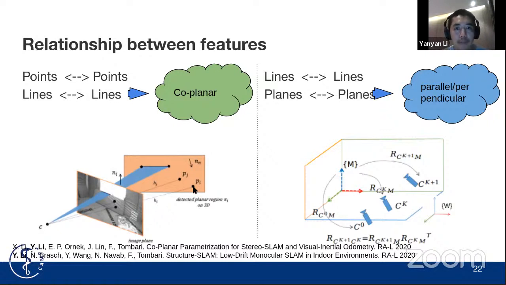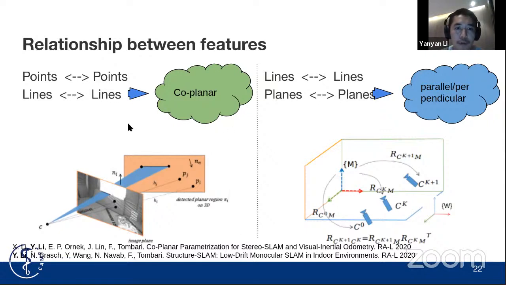So this is another function of coplanar features. Parallel or perpendicular features exist among the same type of features, but this kind of relationship can be found in coplanar regions, across points and lines.